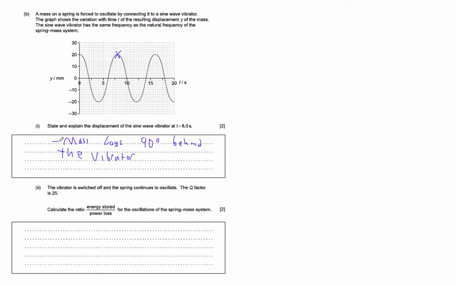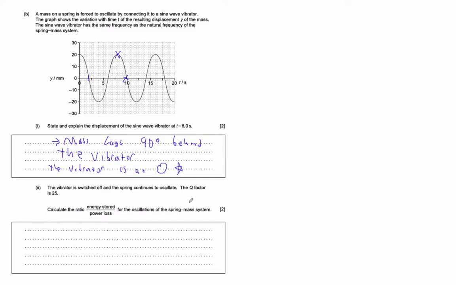So if this guy's 90 degrees behind, that means the vibrator is already here. This is 90 degrees because this would be 2 pi from here to here. So this is 360 degrees. That'd be 1/4 of that, or 90 degrees. So the vibrator is at 0.